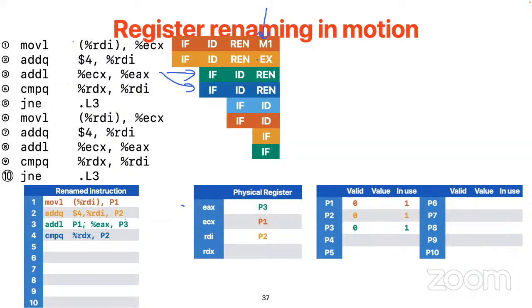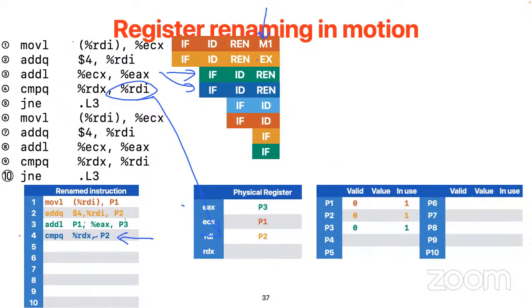For the compare instruction, we see there is an RDI, and we go to the lookup table and find that RDI is now in P2, so we write this to be P2. And remember, compare modifies the flag but not the register value, so at this point I just skip the flag. And for instruction 4, whenever P2 is ready, it should be ready to execute.